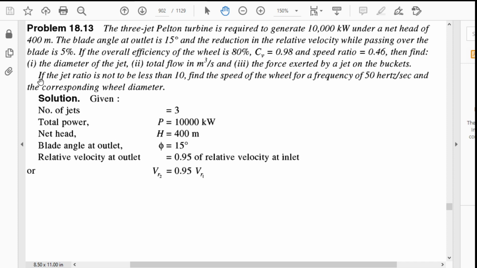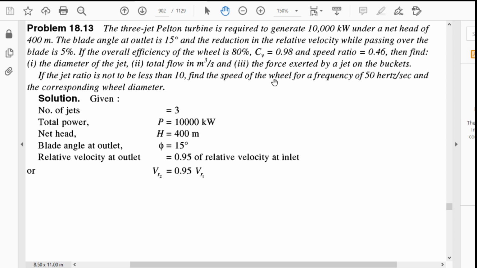The condition for this is, if the jet ratio is not to be less than 10, find the speed of wheel for a frequency of 50 hertz and the corresponding wheel diameter.